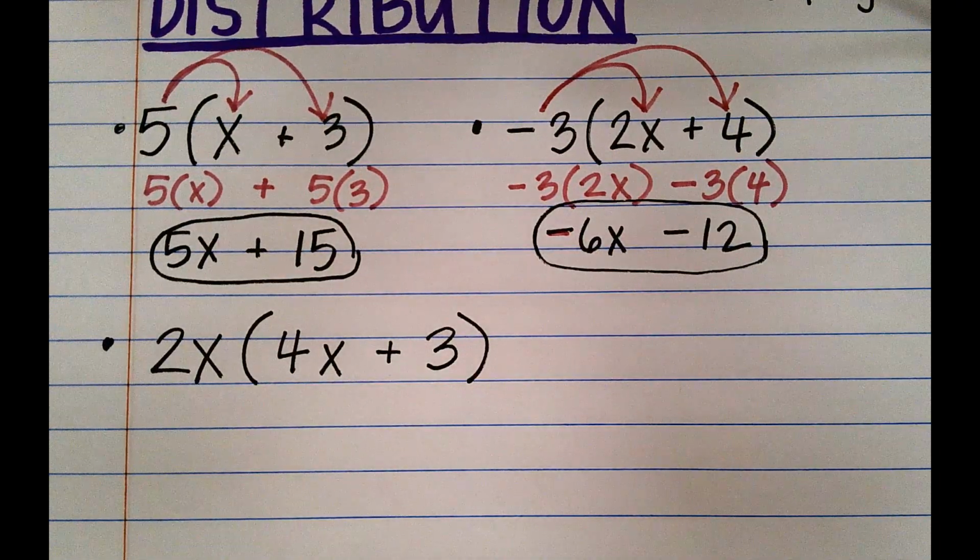Now this one's tricky because one of the things you'll need to know to do this, I haven't reviewed with you yet. We did cover this in Algebra 1, but it has been a while, so it's okay if you don't remember.